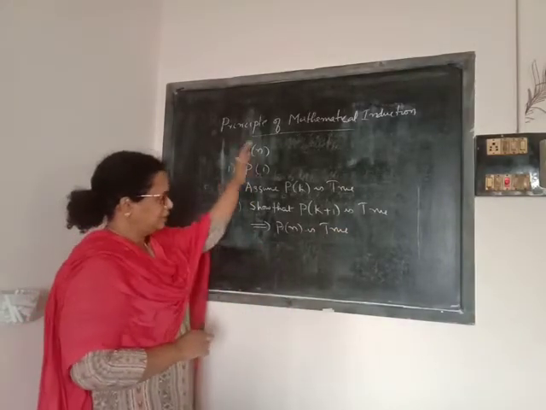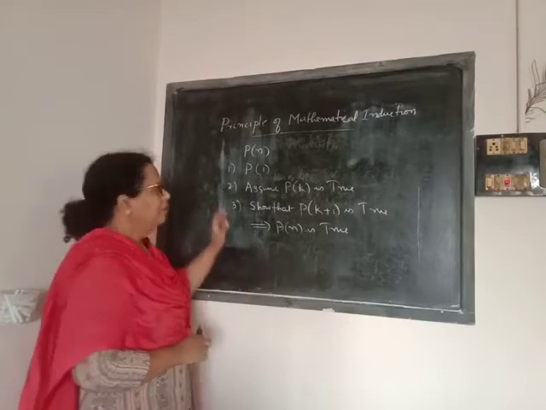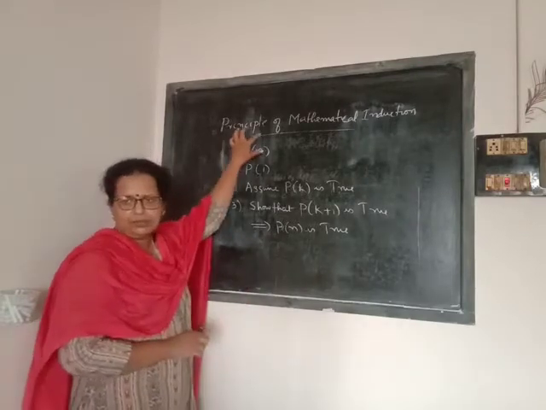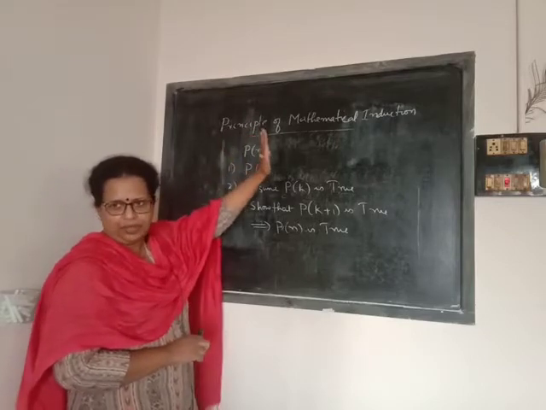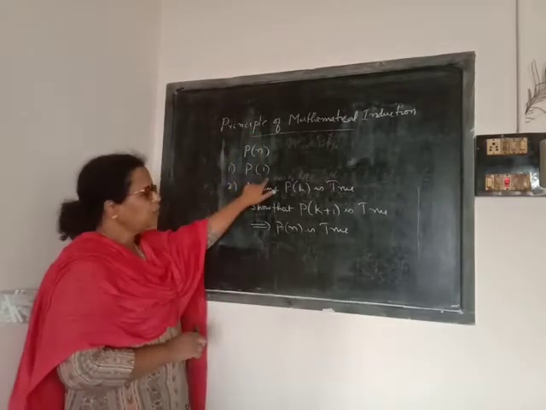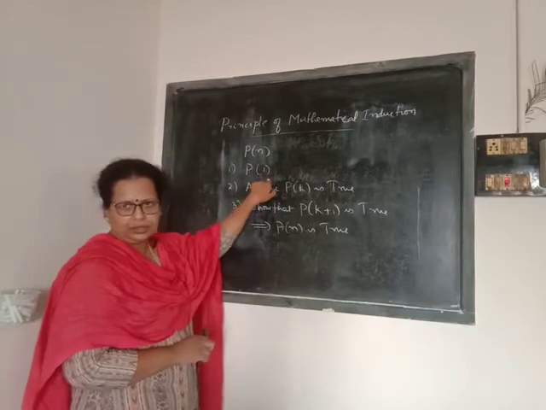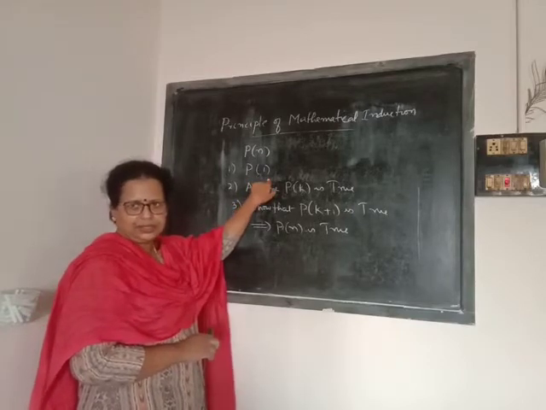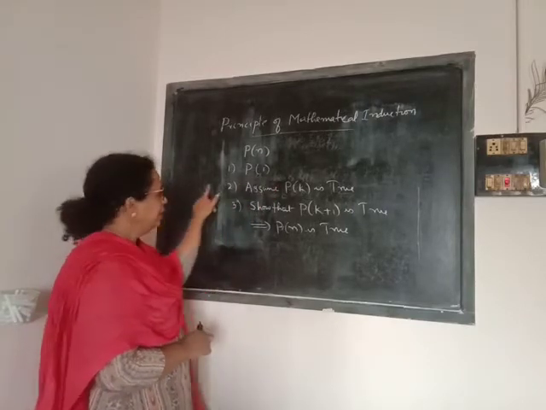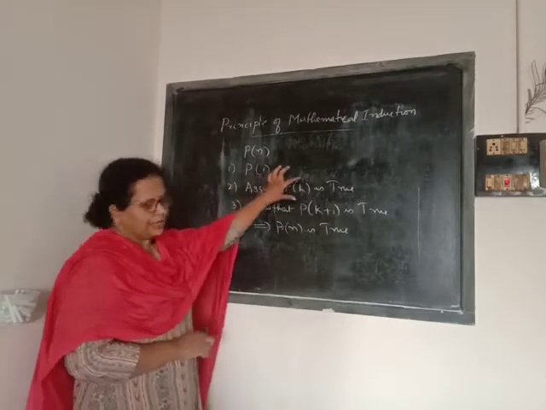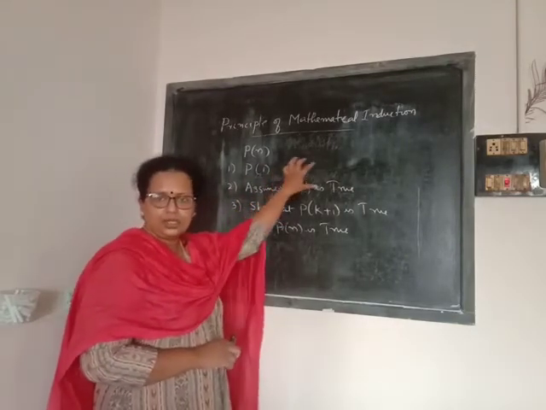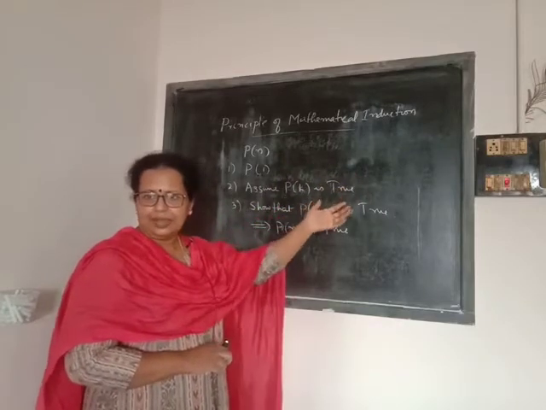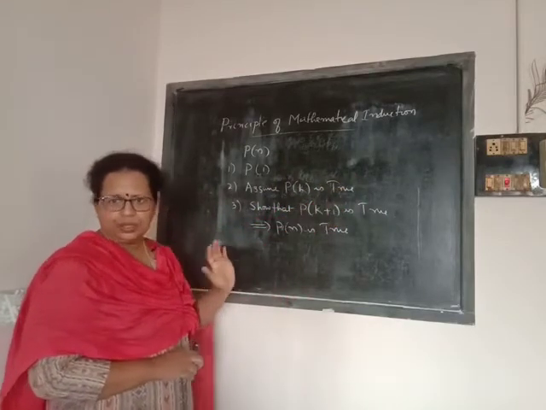This is the method of mathematical induction. So let us go through the steps again. Usually the given statement will be taken as P of n, where n is a natural number. And we will prove the result for P of 1, means for the first case it is true. Next, assume P of k is true, means we are assuming that for an arbitrary case it is true.